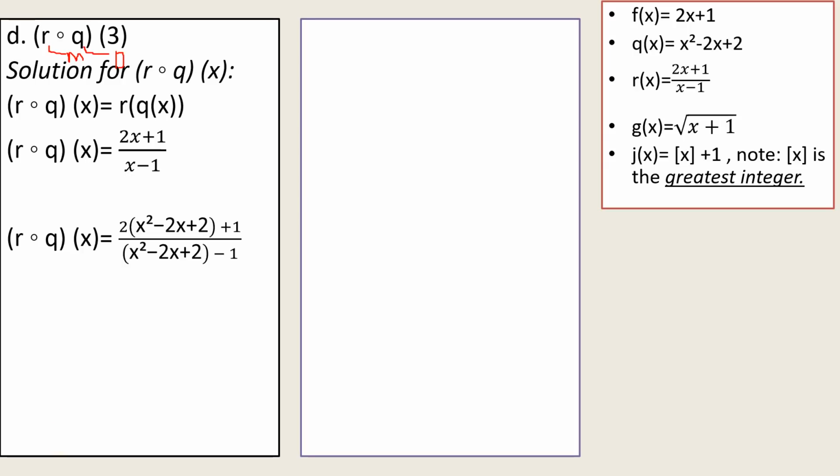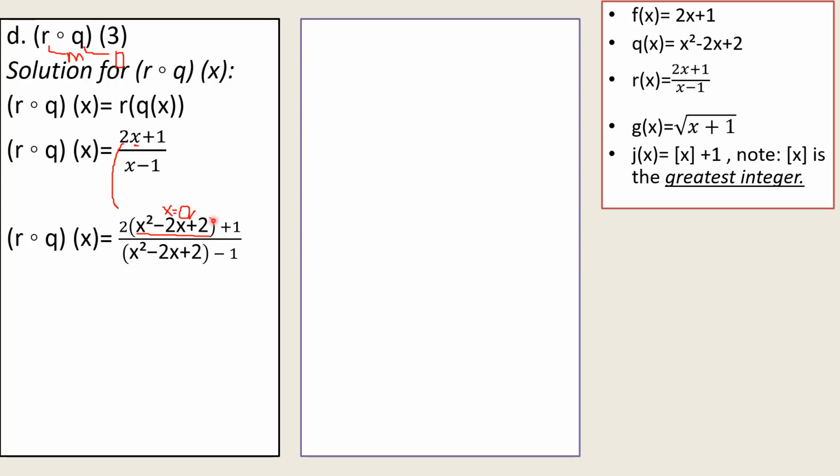Ayan. So, 2. Tapos, si x, eto si x. Okay? So, eto kasi yung q natin. Okay? Q. So, bale, x squared minus 2x plus 2.